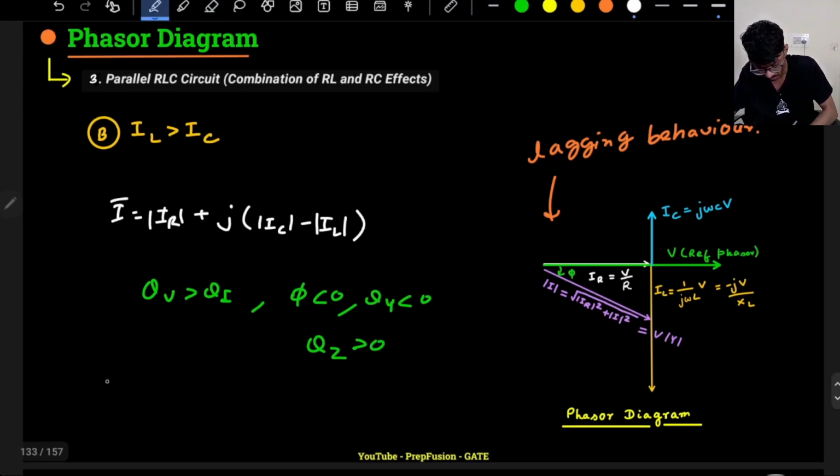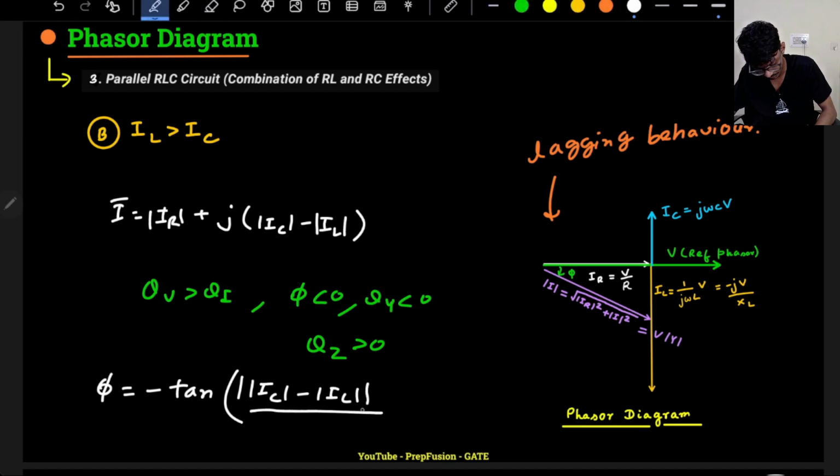What will be the value of the angle? Phi will be, this time with the minus sign outside, tan inverse of the mod of IC minus IL, mod, divided by IR.